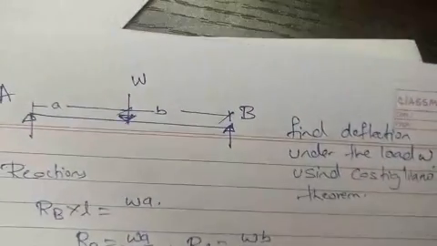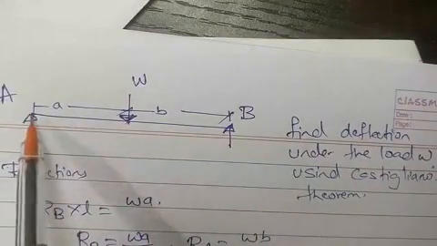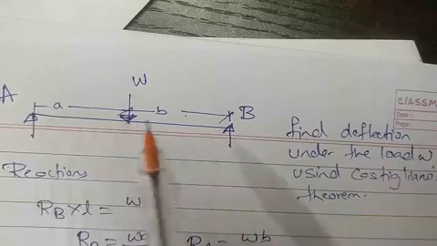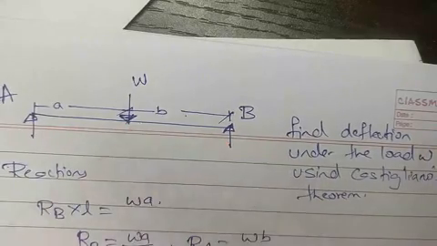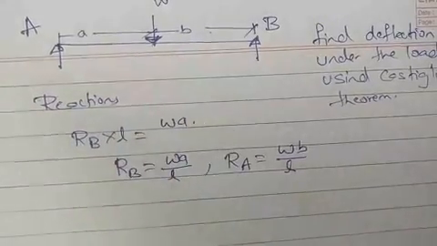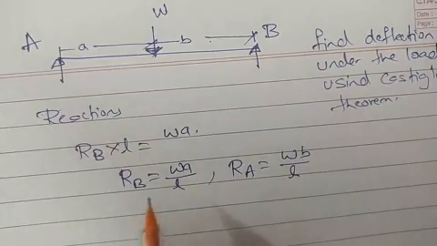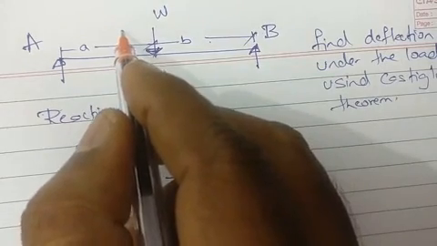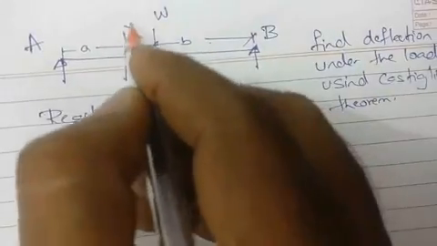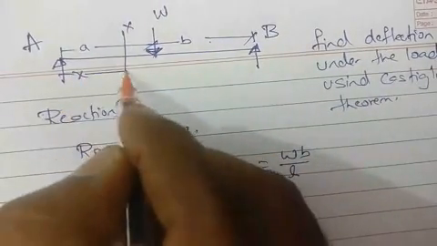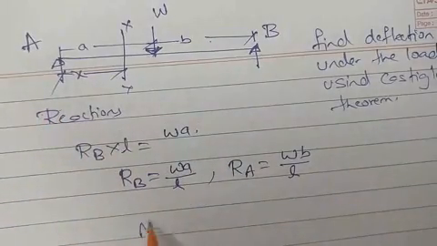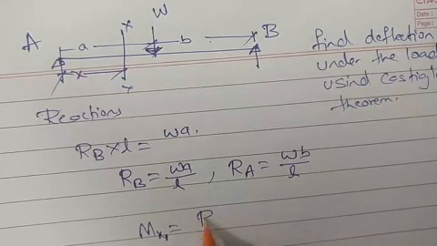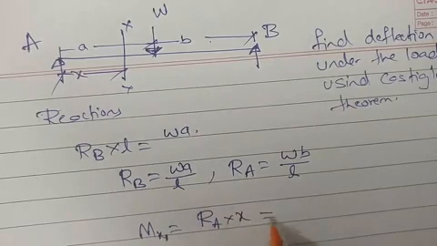So here we are having two parts, left part and right part. Here the limit is 0 to A and here the limit is 0 to B. So what we do is here, for the first part, if I take a cross section, M x1 is equal to RA into x. What is RA?